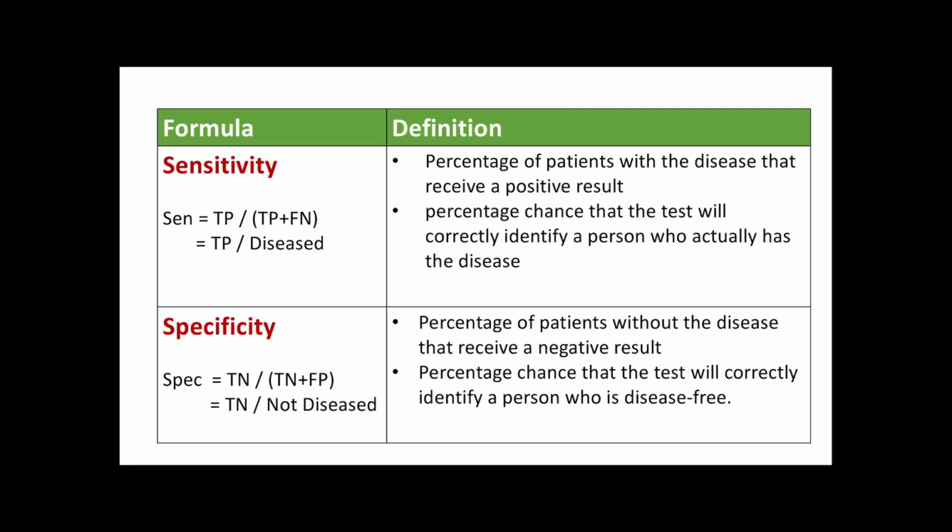First, we have the term sensitivity. It refers to the percentage of patients with the disease that receive a positive result. That means the patient is diagnosed with a particular disease and the result in the laboratory showed that the patient is indeed positive. So this is a true positive rate. It also refers to the percentage chance that the test will correctly identify a person who actually has the disease.